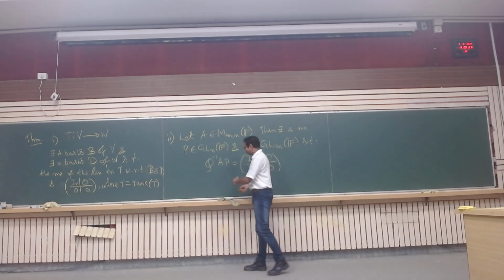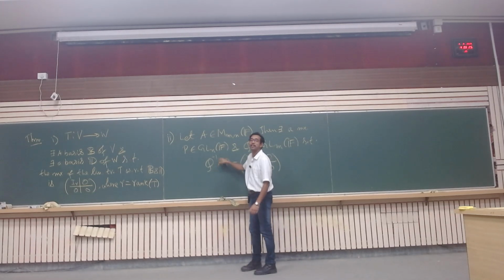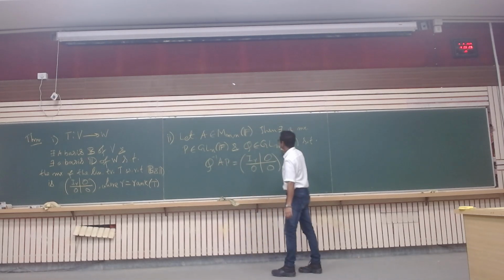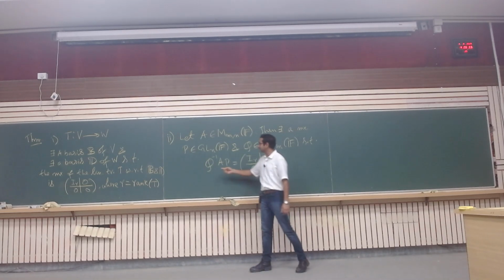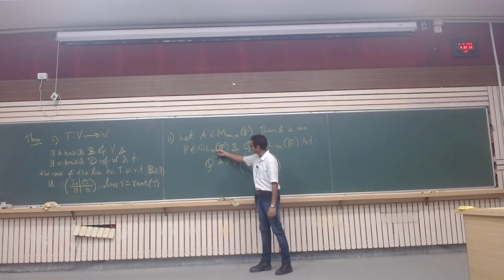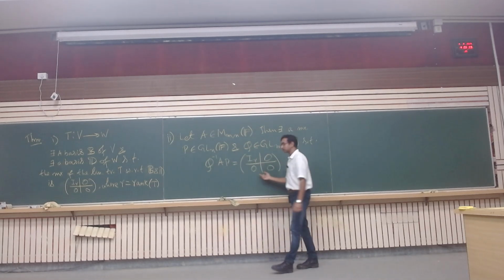Not arbitrary, of course; given A, Q is fixed, but we could have called Q inverse Q instead. So there exists some element of GL_m(F), because Q inverse is also an element in GL_m(F), and some element in GL_n(F), such that the product of these three matrices is of this form.